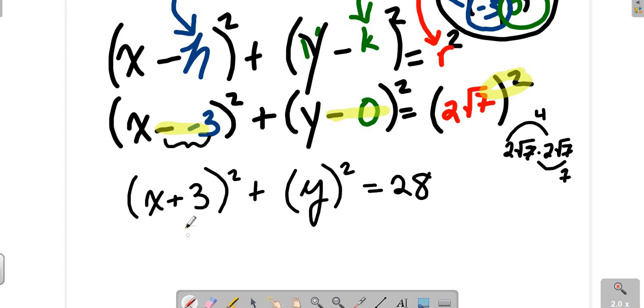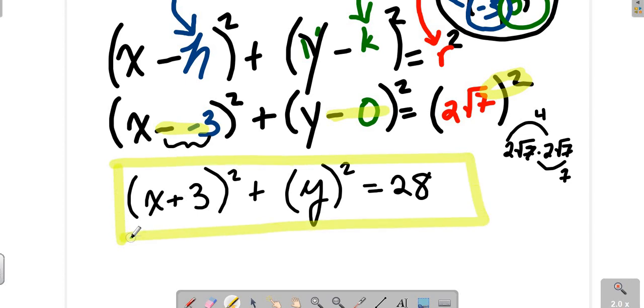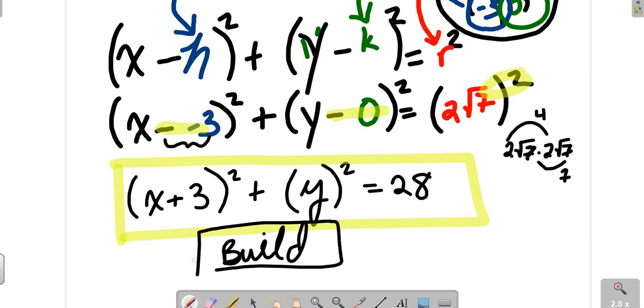That's it, folks. You are done. You have built an equation of a circle. x plus 3 parentheses squared plus y squared equals 28. Ta-da! You just finished building an equation of a circle. Okay, that's the easiest step.